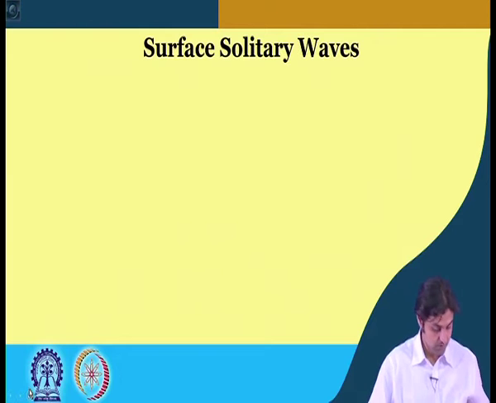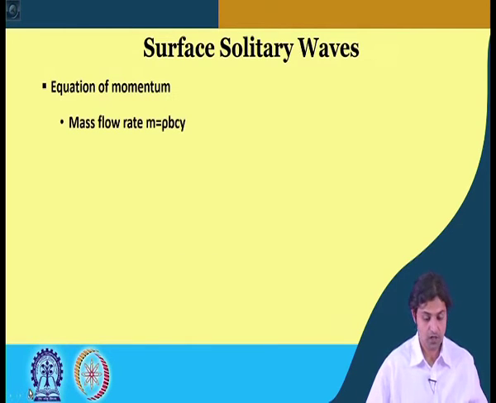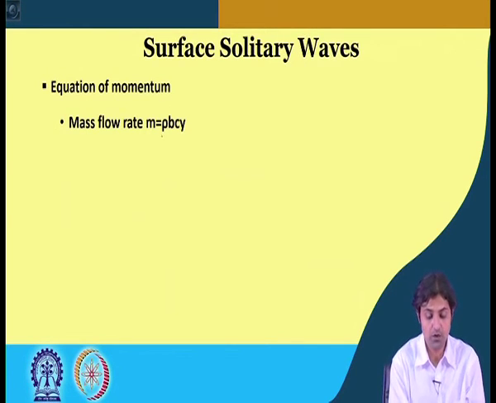So, now we proceed further. We have applied the equation of continuity. Now, we should also apply the equation of momentum. So, the mass flow rate m is given by rho b c y. Rho is the density, and we need to have volume per unit time.